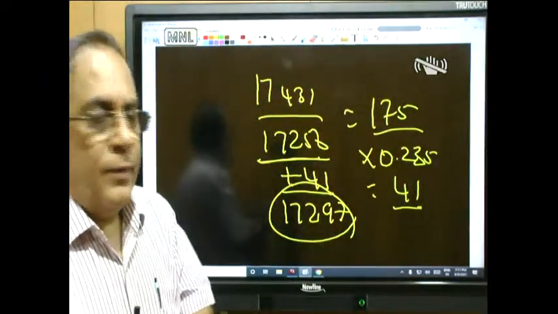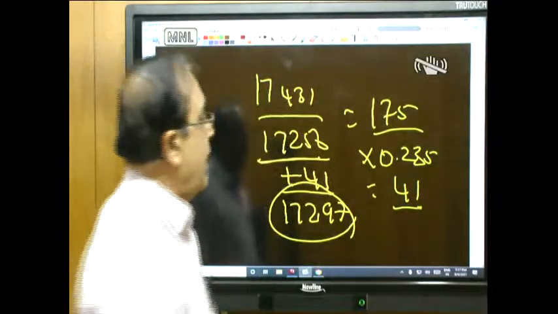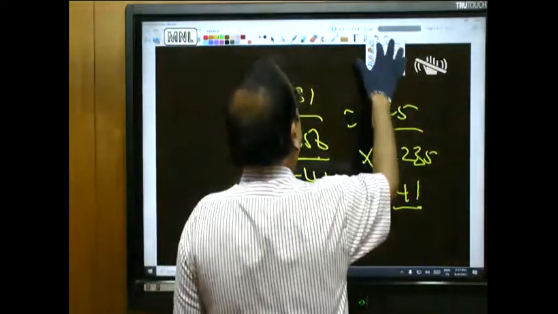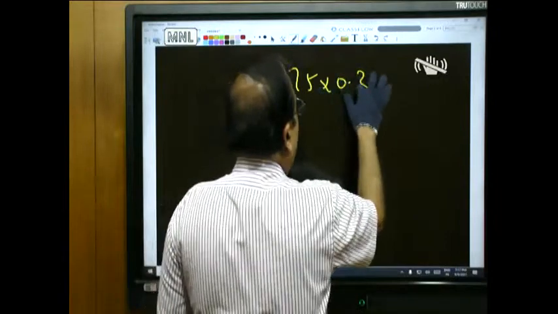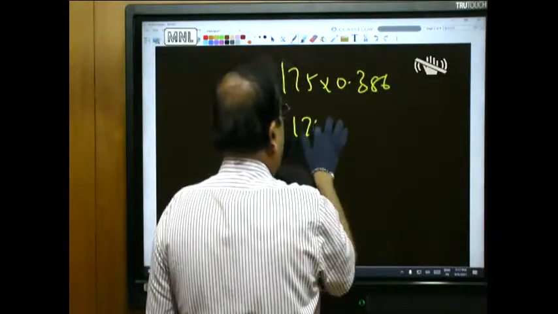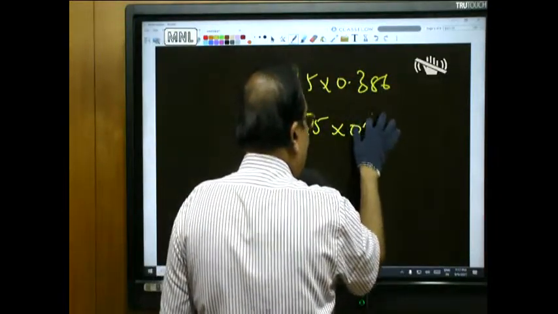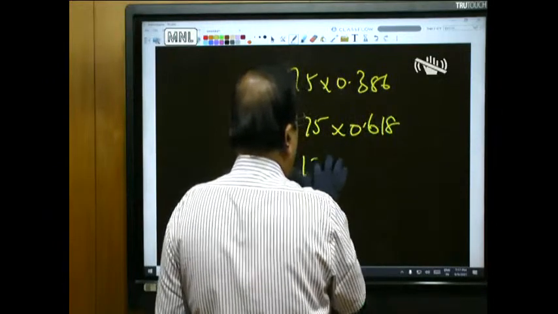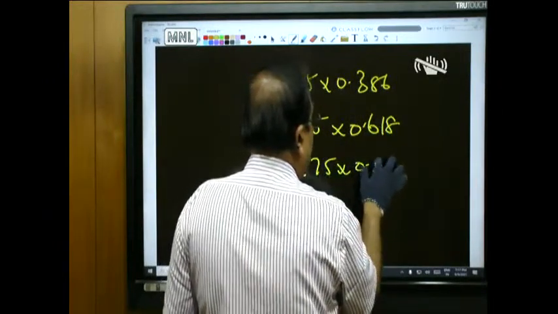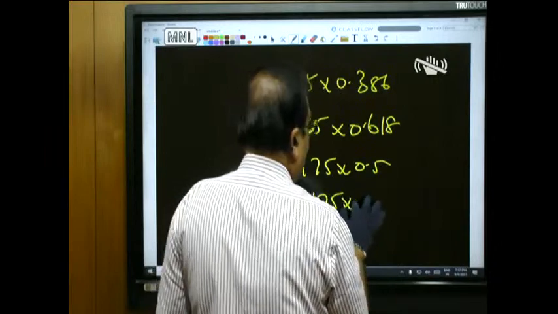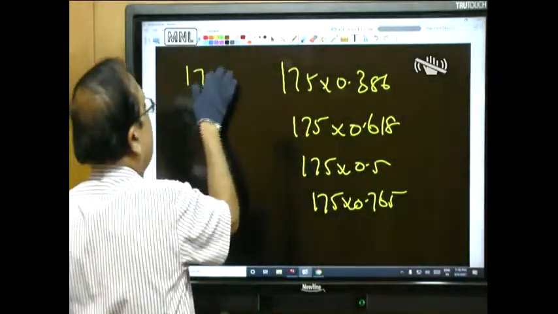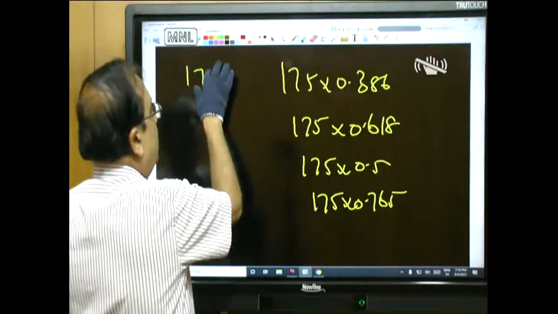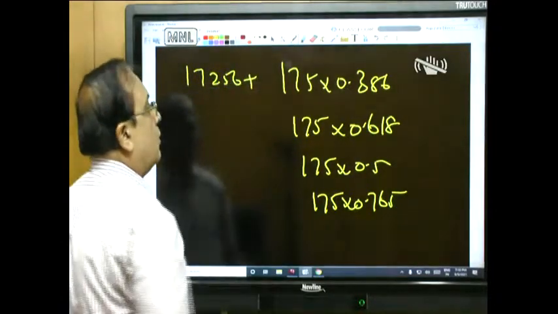Now what are the other projections based on 175? 175 into 0.386. Normally 0.5 is not used, but we will use that. So 175 into 0.5 also, and 175 into 0.765. All these we add to 17,256.